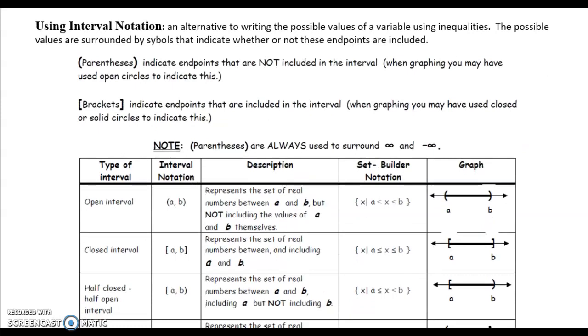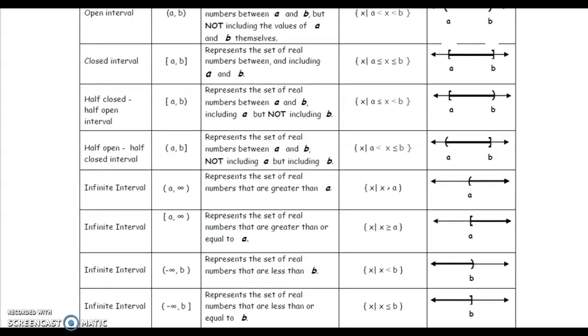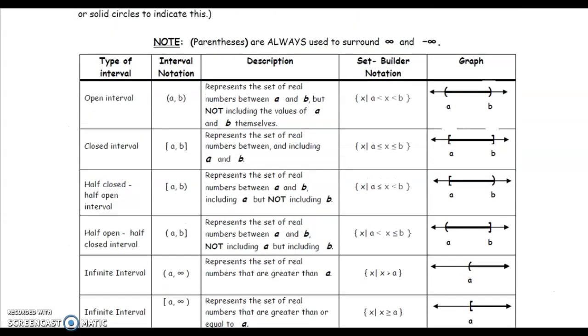This is likely new for most of you, but what's probably not new for you is simple inequality notation. So this is kind of like a chart that's got everything you need on it, but generally let's move right to the examples. I don't want you to skip this chart. It's really important for you to look at this chart, but we'll let it go.